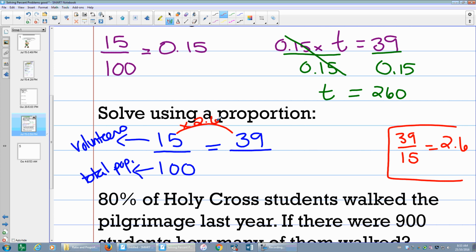And if you put that in your calculator, when you do 15 times 2.6, we get 39. So because I multiplied by 2.6 on the top, I need to multiply by 2.6 on the bottom. So when I take 100 times 2.6, I get 260. And look at that, I get the same answer. Two ways I can do the exact same problem. You get to pick which method you would like to use.